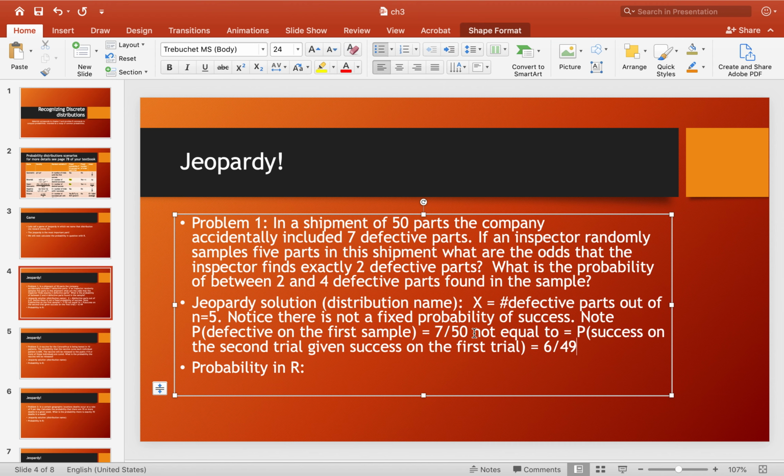And because this is not equal, I know that I don't have a fixed probability.